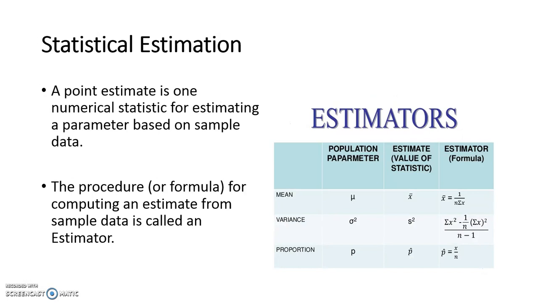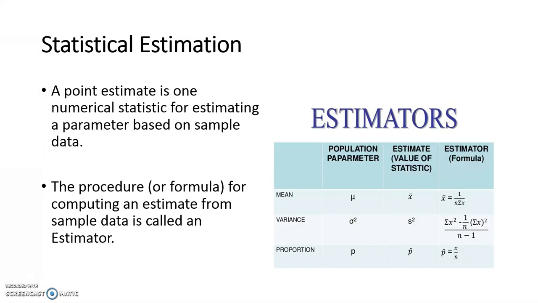So if we have one sample, we can get one estimate we call a point estimate. A point estimate is one numerical statistic for estimating a parameter based on sample data. So just one number. And the procedure or formula for computing an estimate from sample data is called an estimator.